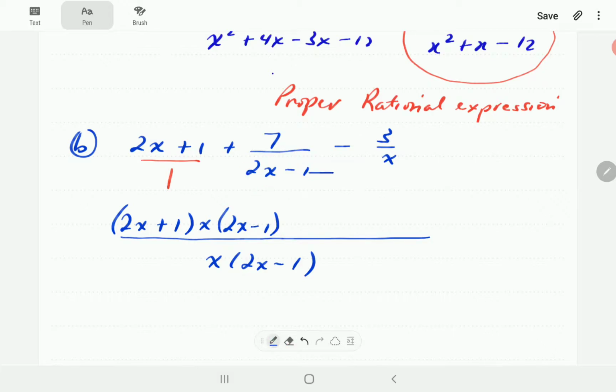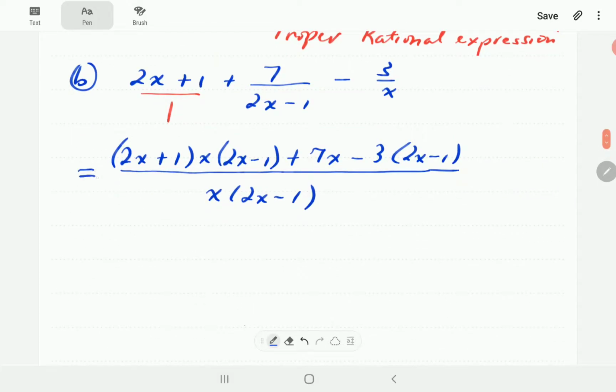And then this one is going to go here, x times. So we're simply going to have 7x. And x is going to go here, 2x minus 1 times. It's going to be minus 3 into 2x minus 1.